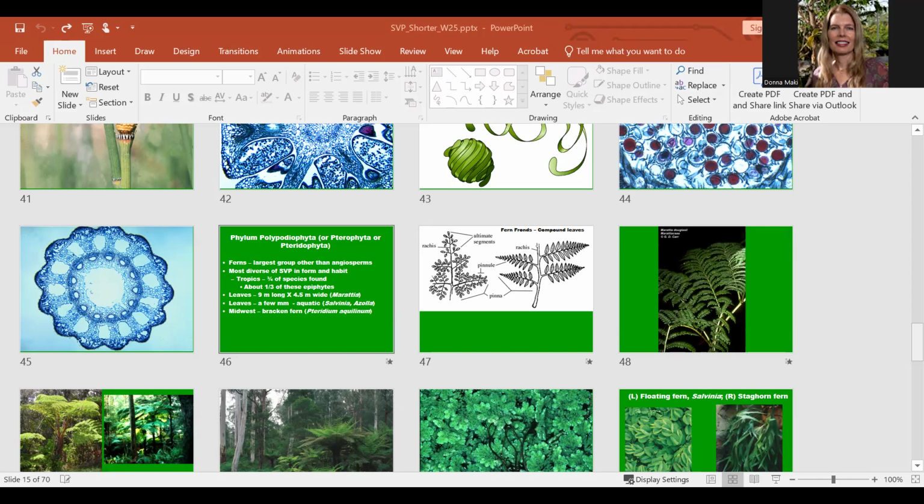There's pictures here that are good for thinking about what do they look like? What is that? And then ginkgo, which does not look at all like a gymnosperm. And then that funky phylum Gnetophyta.